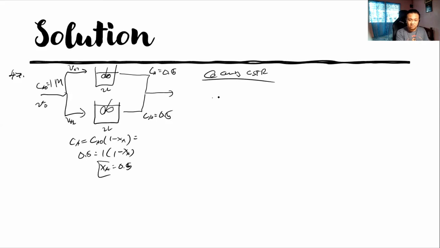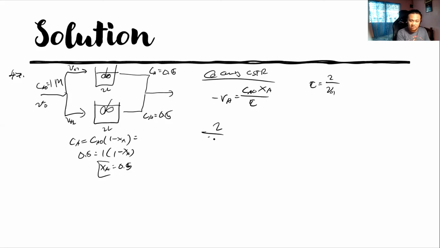Simple. So the magic equation, the obnoxious equation. So we know tau, 2 liters, then VO1. It's only one CSTR, so we transpose this.